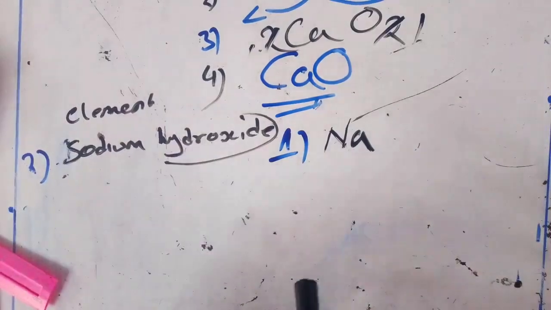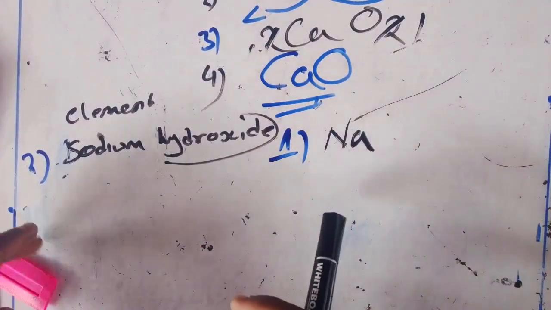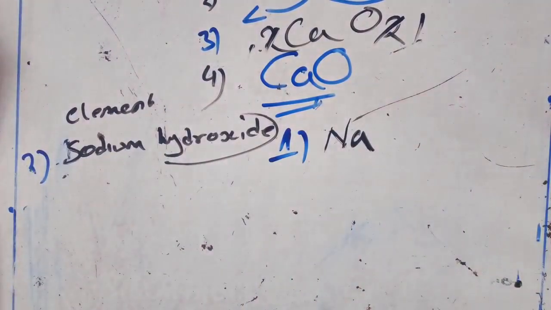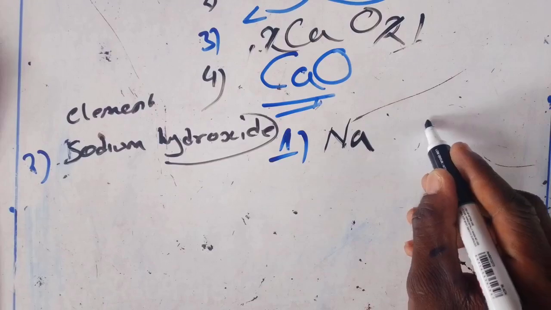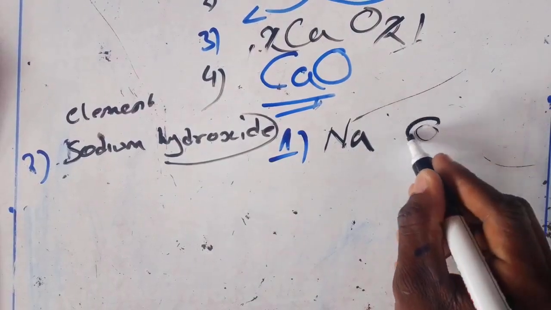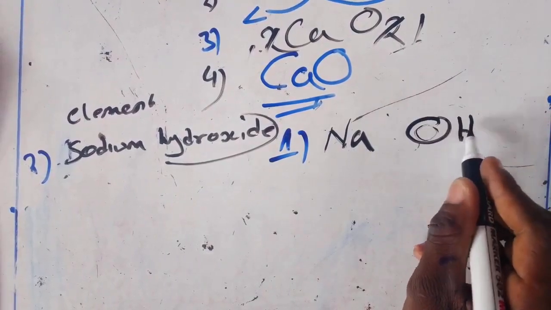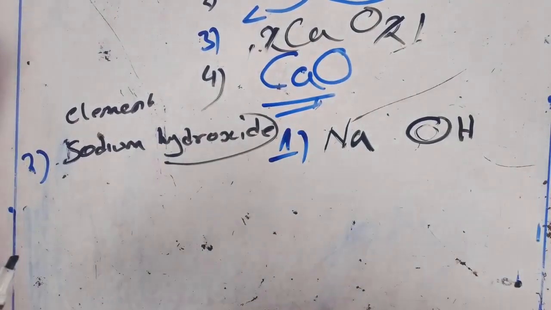So Na is the symbol for sodium, and then the symbol for hydroxide is OH. This is the symbol for hydroxide. Okay, so on step 1 we have done the necessary, so let's proceed to step 2.